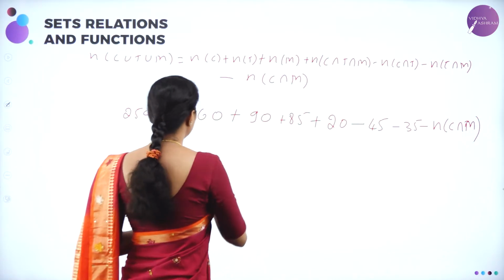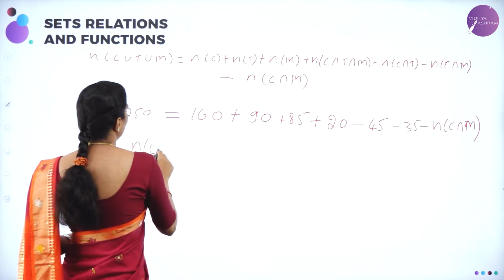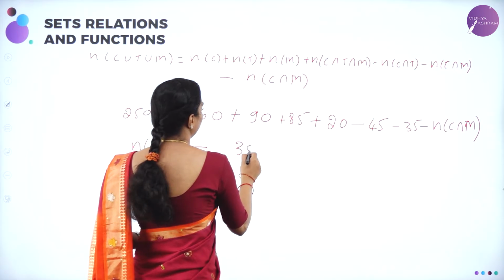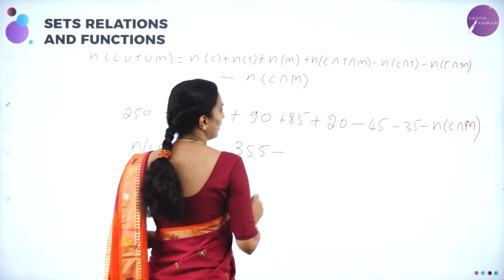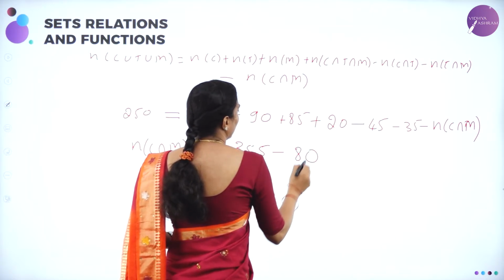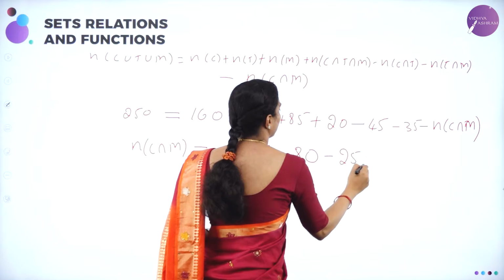Now let me shift to either side. So what will it become? N of C intersection M is equal to 355 minus 45 minus 35, which is 80. Again shift 250 to this side, minus 250.